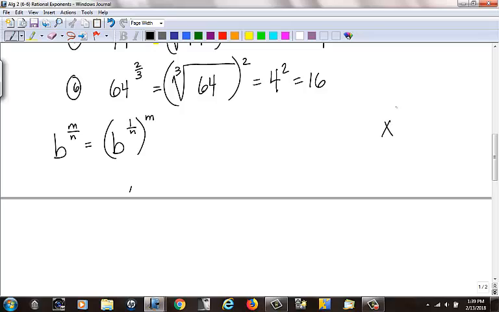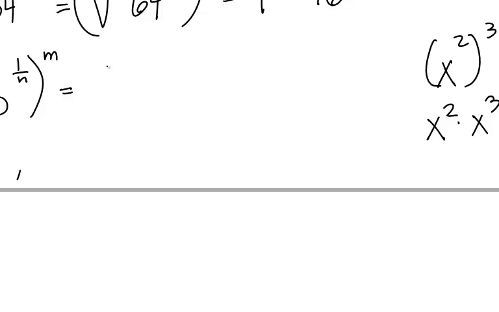Like if I did x to the second to the third, it'd be x to the sixth. If I did an x to the second times an x to the third, that'd be an x to the fifth. You can also write this as b to the m power and raise it to the 1 over n power. Either one of those, you can split it up either way, because when you raise a power to a power, you multiply them.